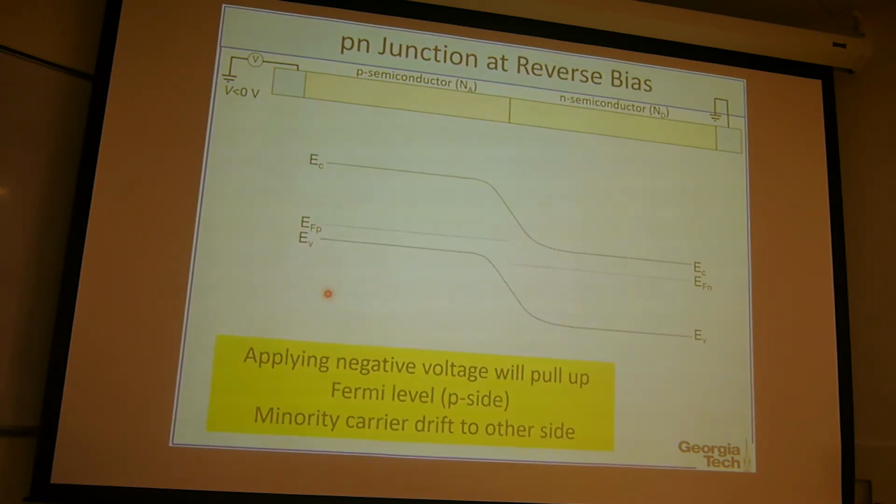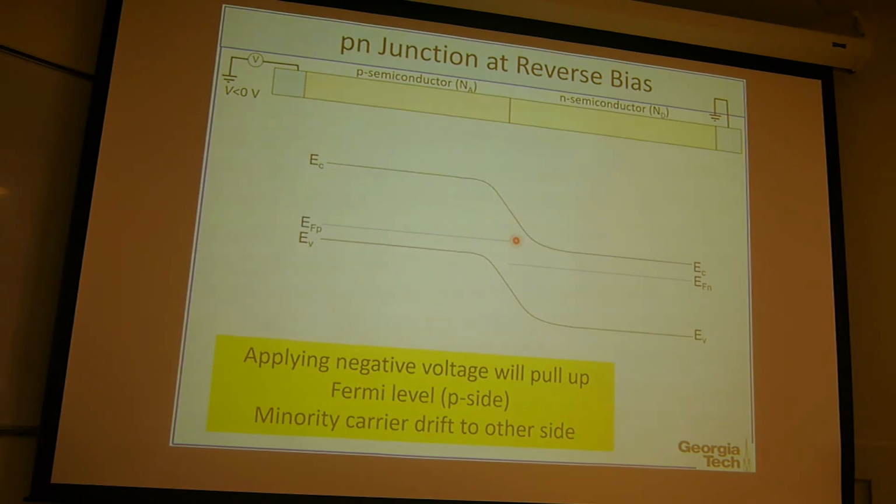So then you will see this is the band under the reverse negative voltage here. You see EFP moved up. So that means this barrier height increases, right?